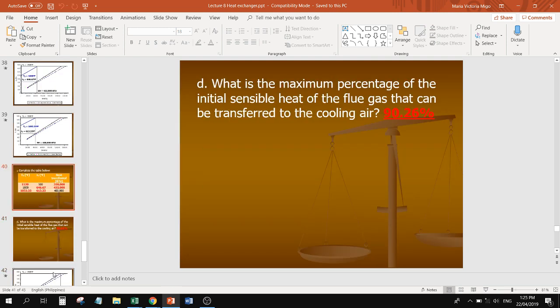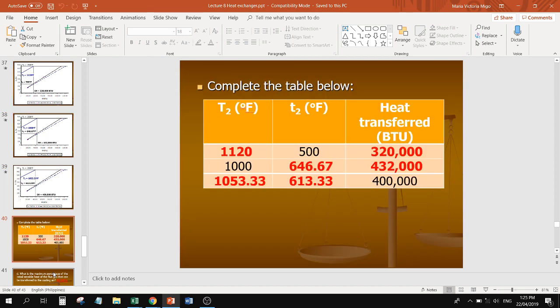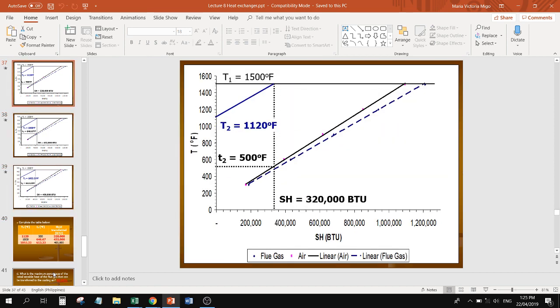Okay, so that is the complete table. So how to solve it using the equations of the lines? Let me think first. If 500 degrees is given, you can substitute 500 degrees in the equation of the cold flue line, cold air or cooling fluid line, to read SH.